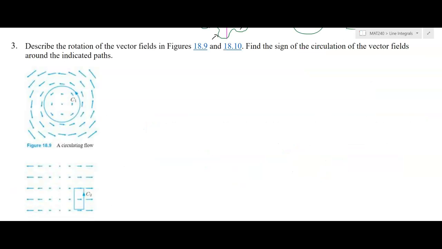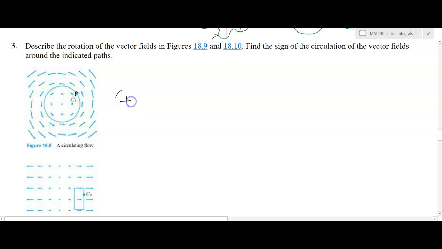So here we're just going to look at these two figures and describe the sign of the circulation of the vector fields. This is the same idea as before, except all we're dealing with now is closed curves. For example, C1 is always going in the direction of the current because of the way it's oriented. It's oriented counterclockwise, and the vector field is counterclockwise as well. That's positive work, which means we're going with the flow.